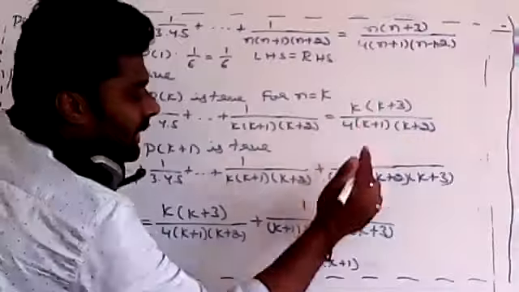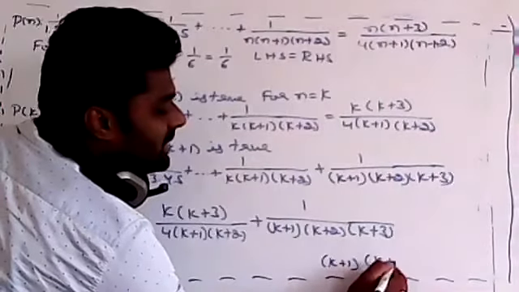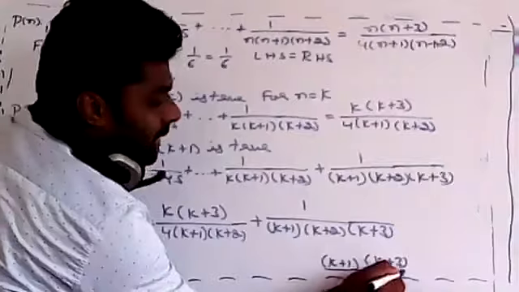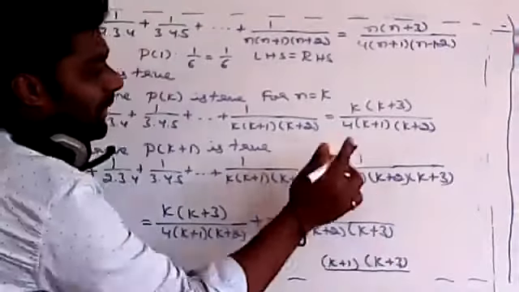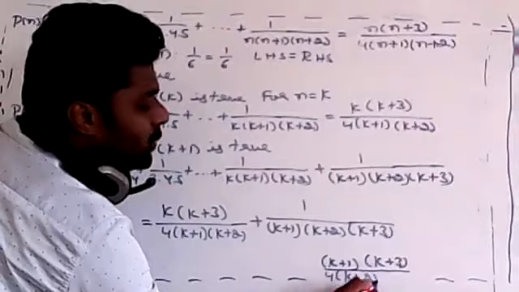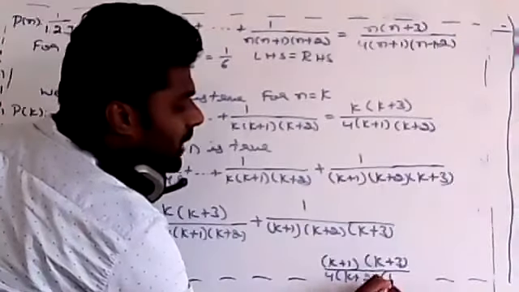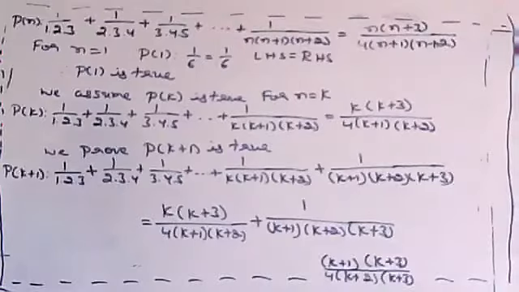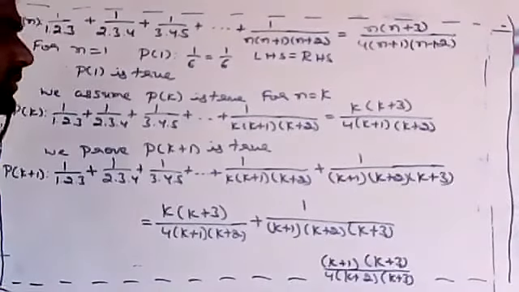And if I put here k plus 1 plus 3 is what? K plus 3. Correct or not? Divided by what you'll get here. If I put here 4 times of k plus 1 is k plus 2. K plus 1 plus 2 is what? K plus 3. This should be the answer for what? P of k plus 1. Correct or not?